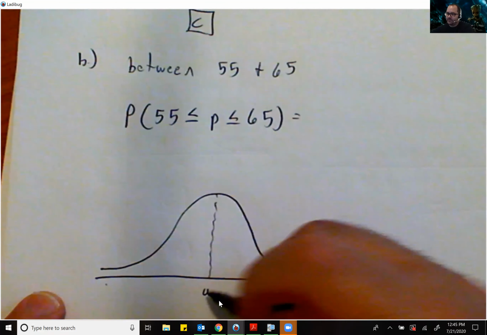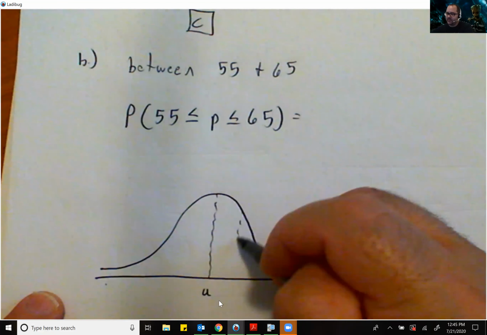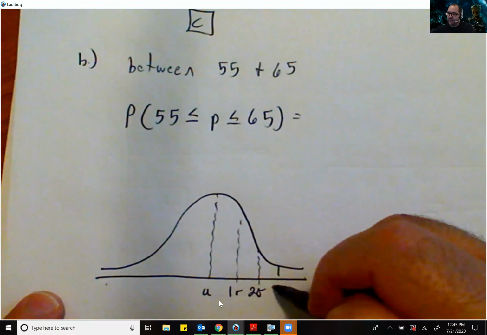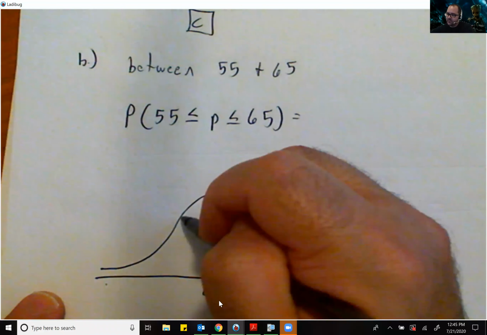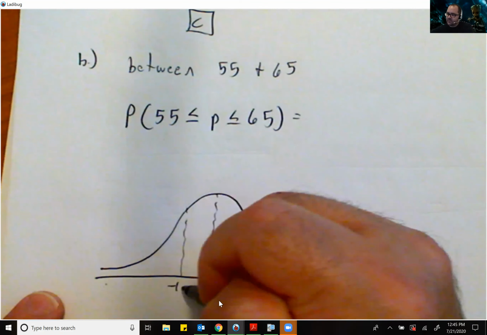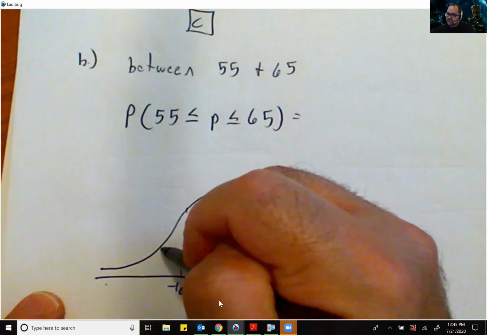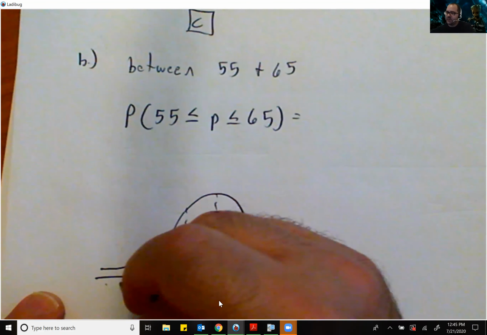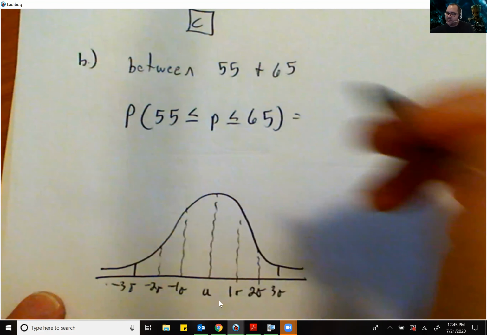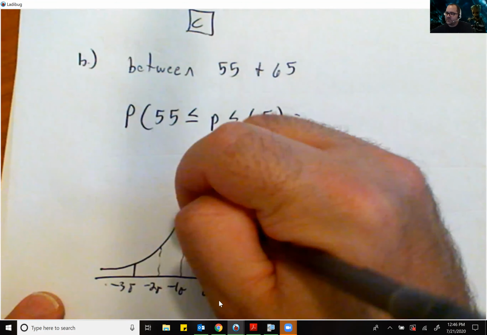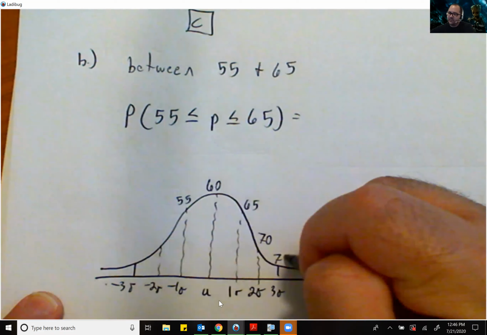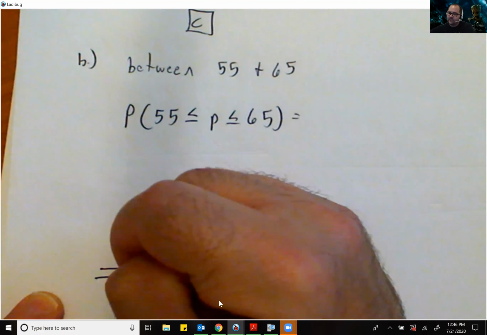Mu, 1 sigma, 2 sigma, 3 sigma, negative 1 sigma, negative 2 sigma, and negative 3 sigma. So 60, 55, 65, 70, 75, 45.